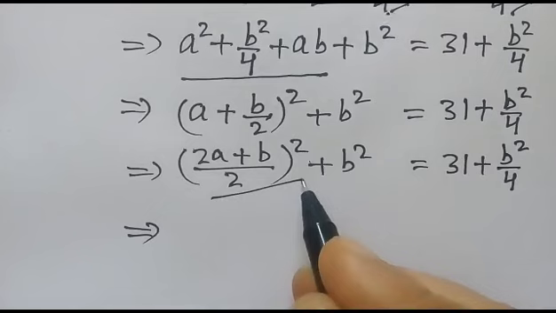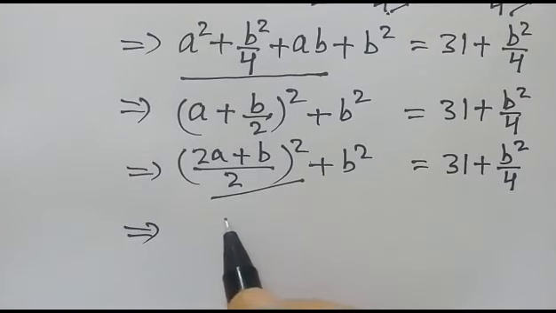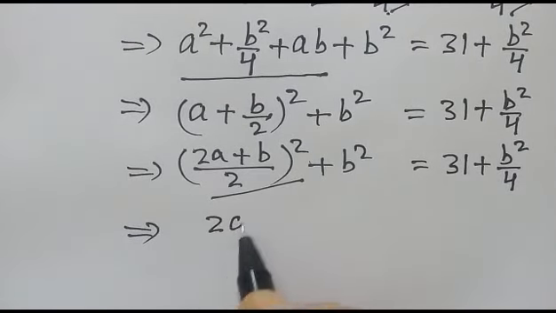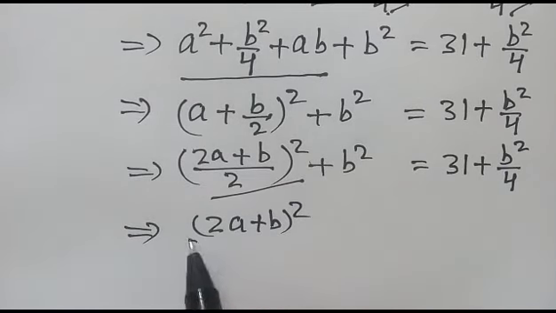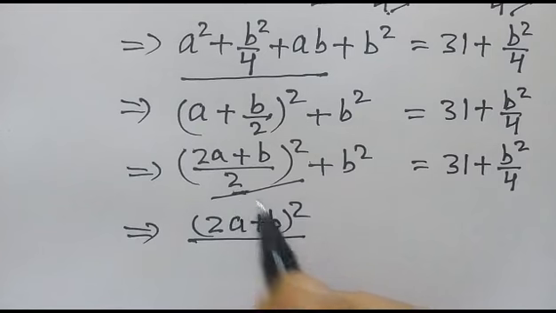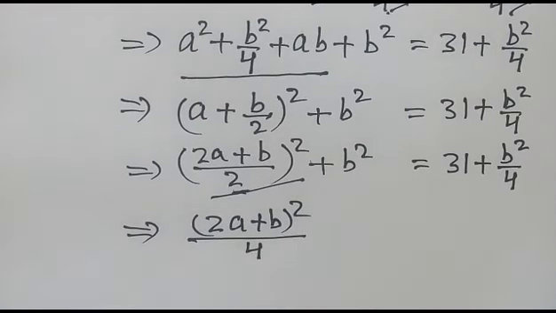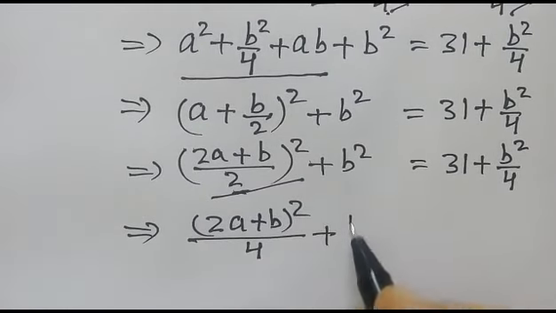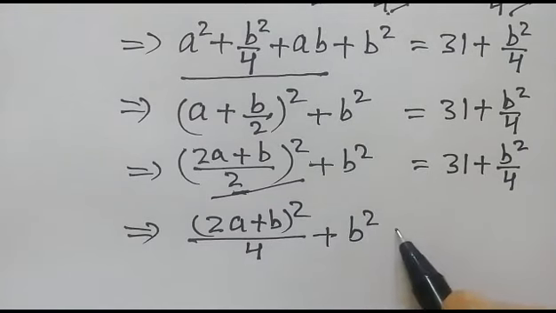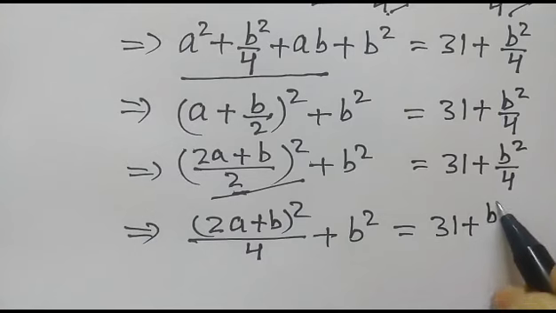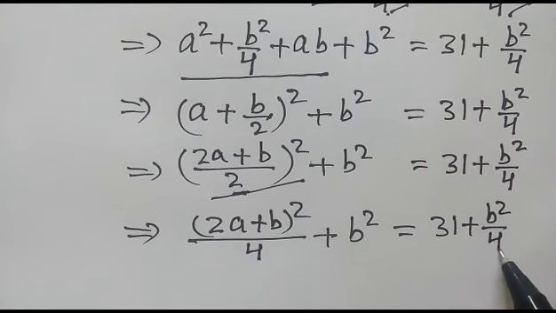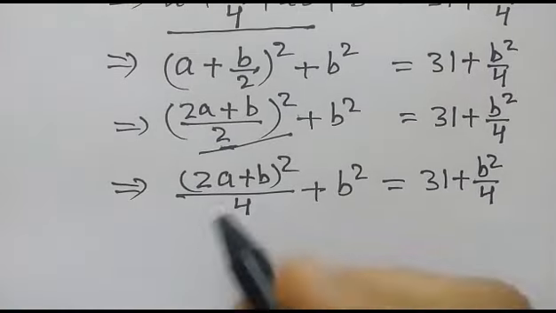Now if we break this, we can write (2a plus b) whole square over 4, plus b square is equal to 31 plus b square over 4, right?